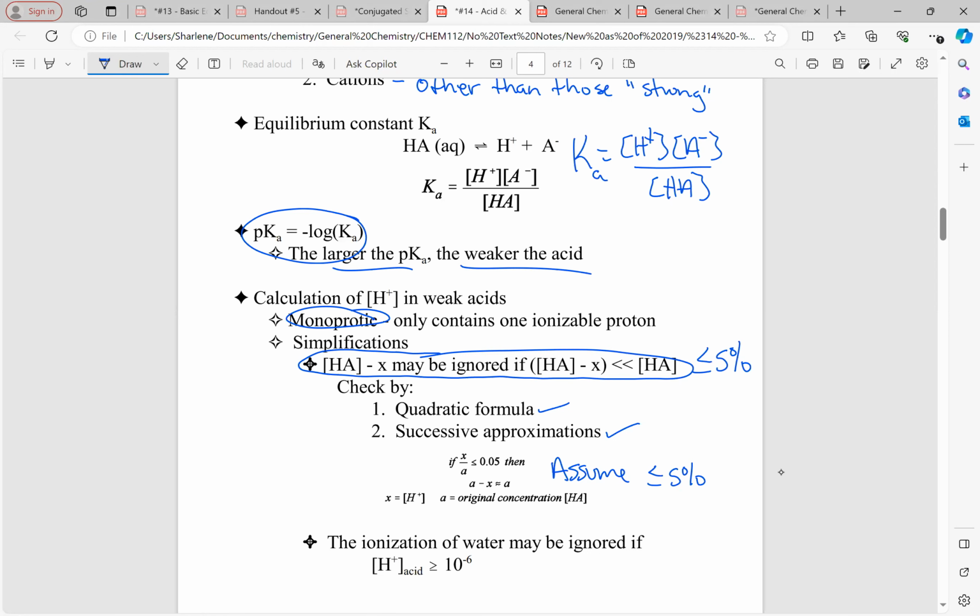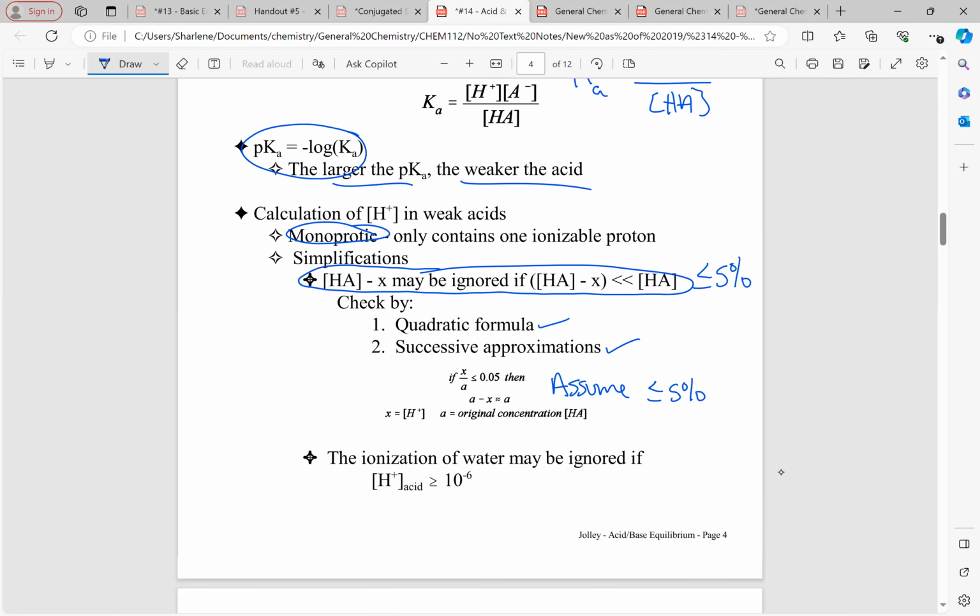All right, the next thing I need to worry about is this water thing. Because water all by itself will do this. Well, guess what? That's an acid. So water by itself already has some protons. So if I add my weak acids onto that, when should I ignore that water is actually significant?